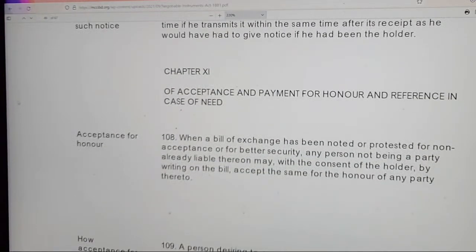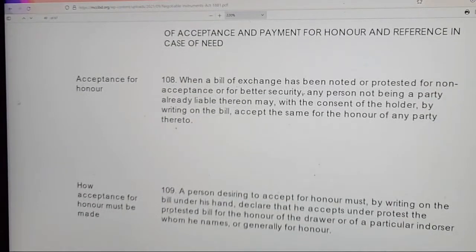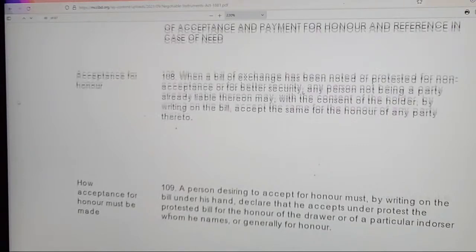Chapter 11, Of Acceptance and Payment for Honor and Reference in Case of Need. Acceptance for honor. 108. When a bill of exchange has been noted or protested for non-acceptance or for better security, any person not being a party already liable thereon may, with the consent of the holder, by writing on the bill, accept the same for the honor of any party thereto.